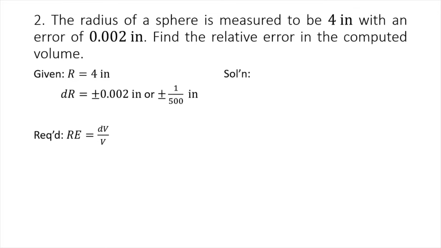So let's start with the volume formula of a sphere. That's 4/3 pi r cubed. And taking the differential of V, that's dV. So this will result to 4 pi r squared times dr. Okay. Then we can immediately proceed to the formula for the relative error, which is dV over V in this case.